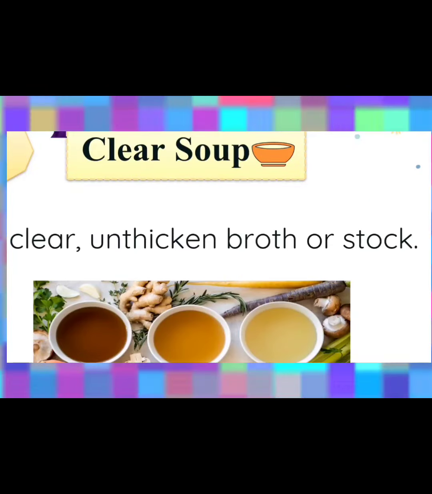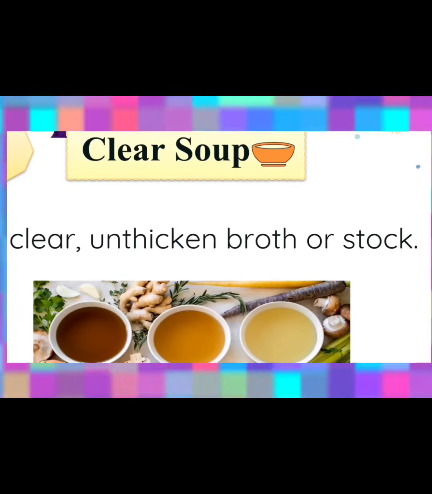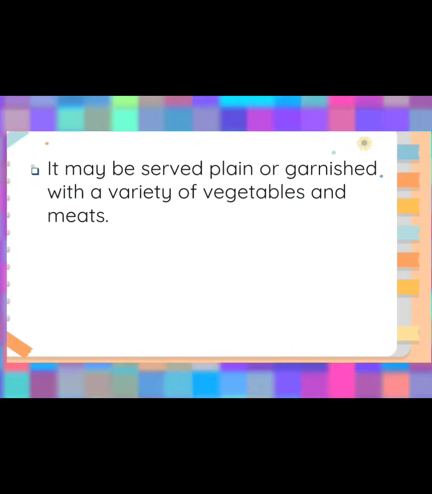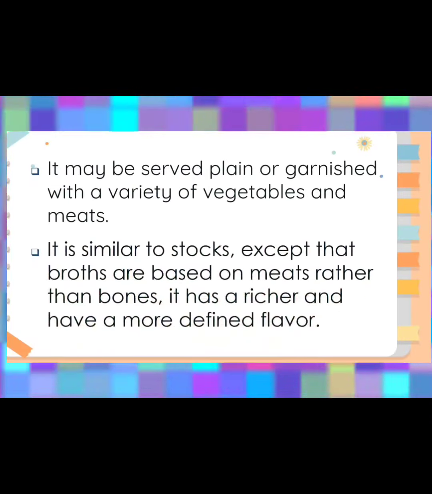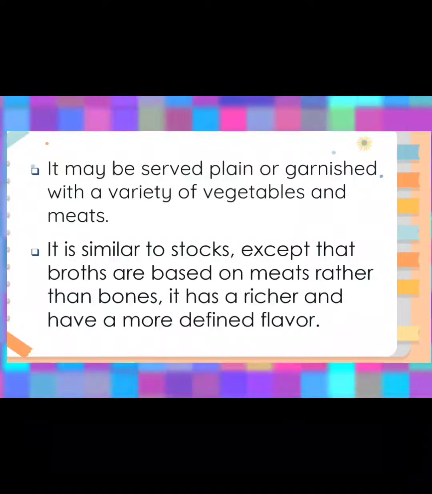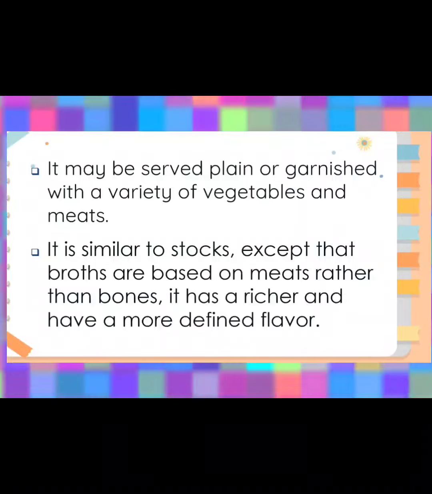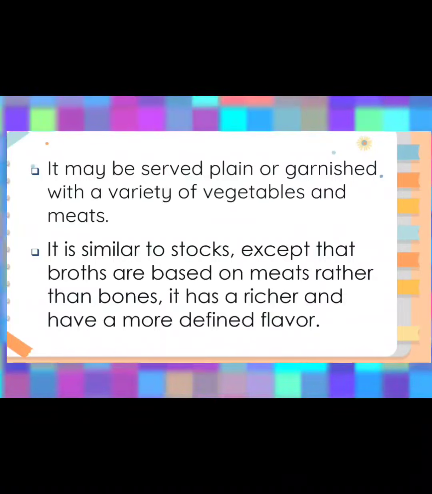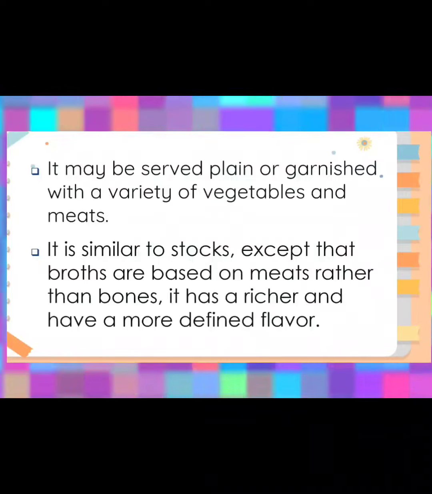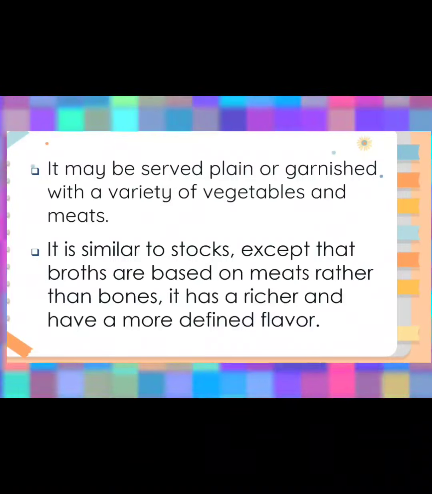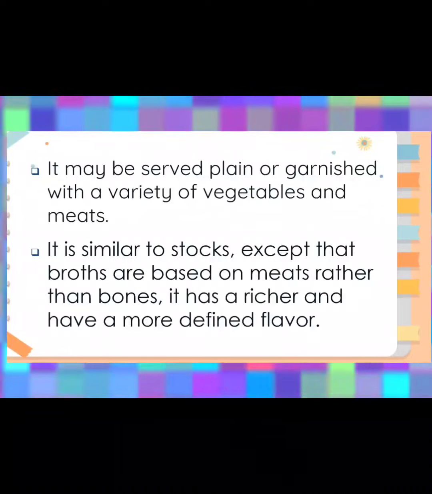Clear soup is a clear unthickened broth or stock. It may be served plain or garnished with a variety of vegetables and meats. It is similar to stocks except that broths are based on meats rather than bones. It has a richer and more defined flavor.